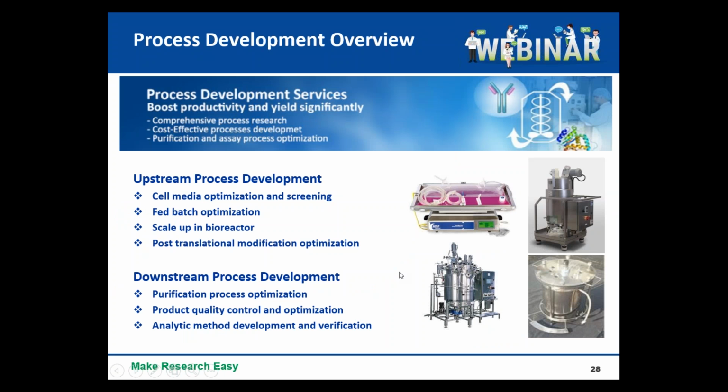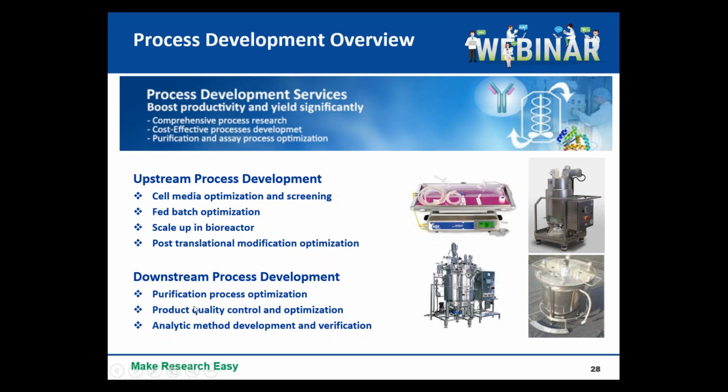And speaking of process development, I just have a slide here introducing our process development services. We have very strong experience in stable cell line development and in upstream and downstream process development. For upstream process development, we can do cell media optimization and screening, fed batch optimization, scale up in bioreactor, and post-translational modification optimization.